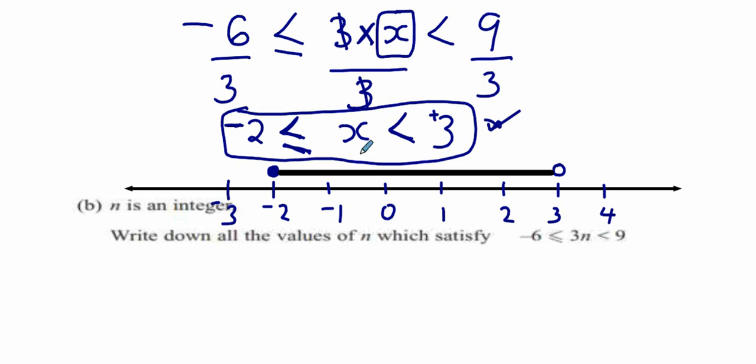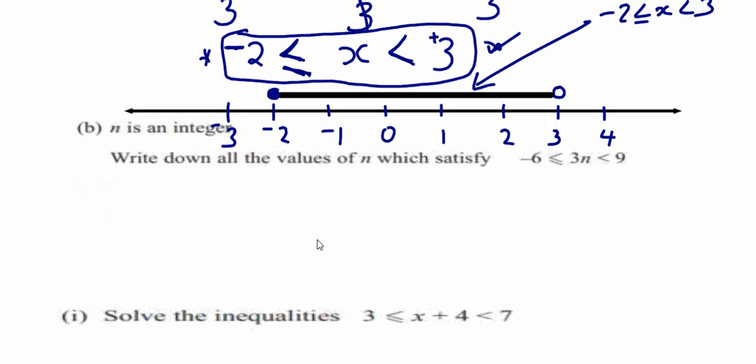The numbers between negative 2 and positive 3 are negative 1, 0, 1, 2. 3 is not there, but negative 2 should be included by putting a closed circle. So this number line is for negative 2 is less than or equal to x is less than 3.